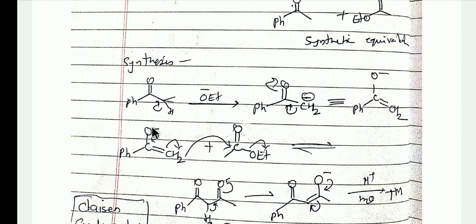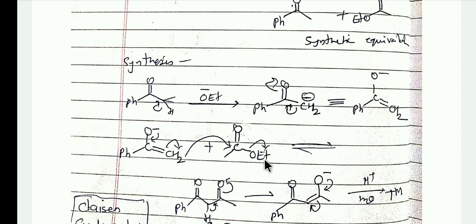Here O is minus, so the positively charged carbon and O minus form a covalent bond. So C double bond O is formed here and CH2 becomes negatively charged.